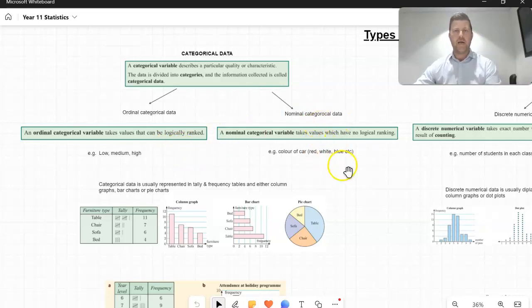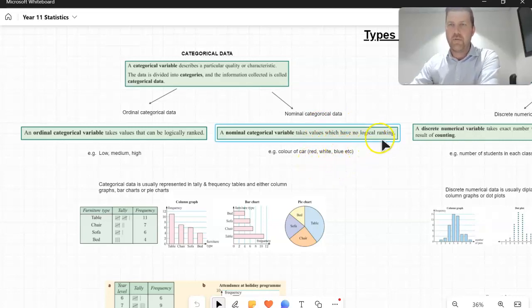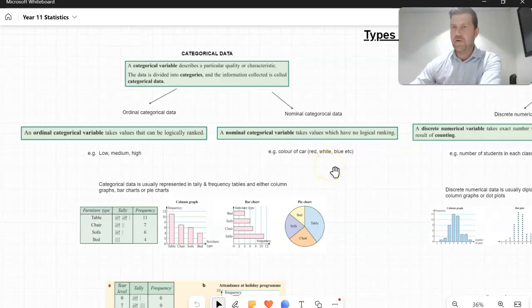Nominal categorical data is data that doesn't really have an order or a ranking. So for example, if we surveyed people and asked what color car they had, there would be really no order. So that's nominal categorical data.